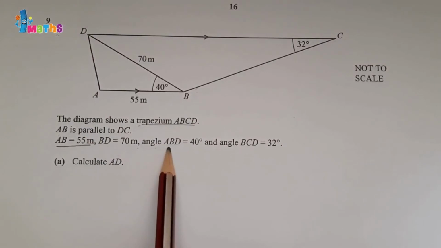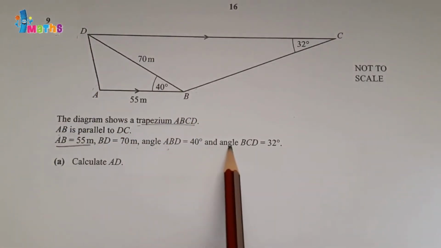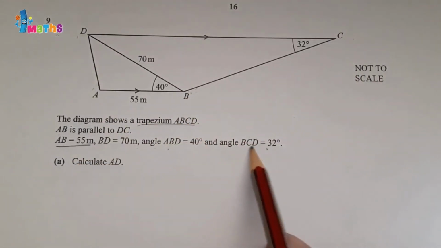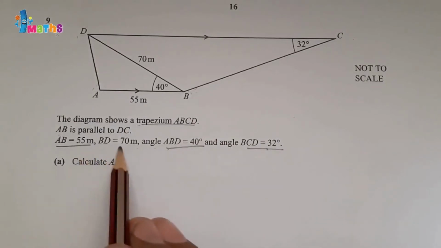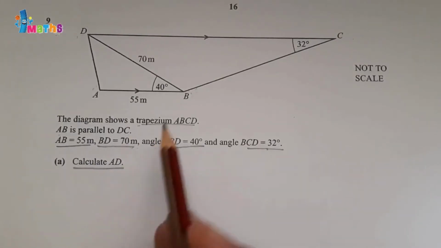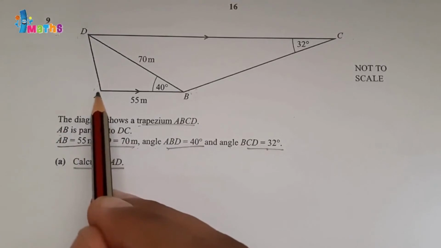And angle ABD is 40 degrees. And angle BCD is provided as 32. So these angles are provided and two lengths are also provided. Calculate AD. This is our required length.